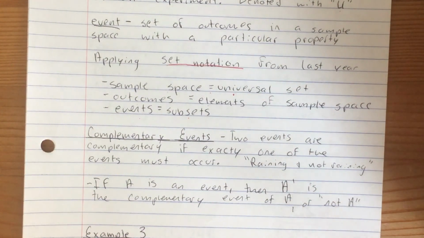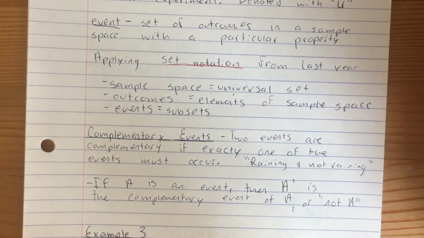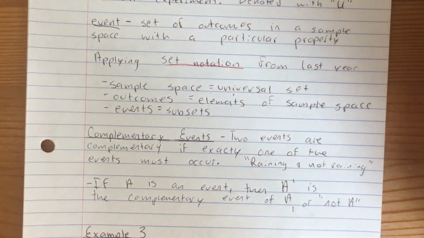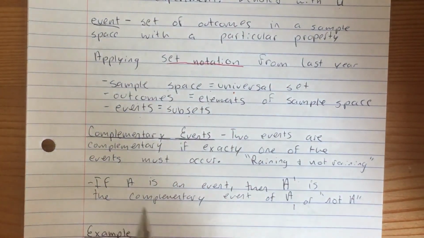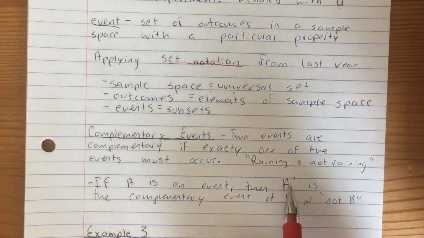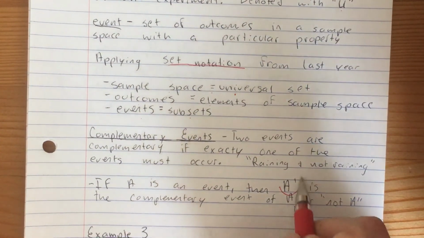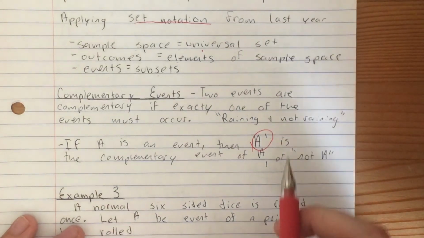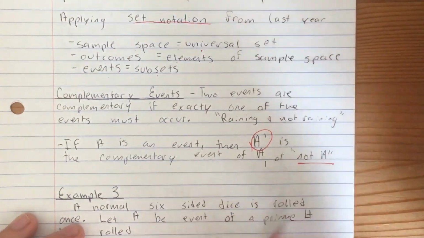And one of those statements has to be true. You are hungry or you are not hungry. One of those statements has to be true. So the way we denote that is we say if A is an event, then A prime is the complementary event of A. So anytime you see this notation of A prime, we need to interpret that to mean just not A.